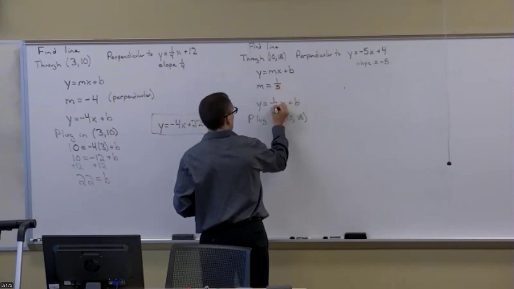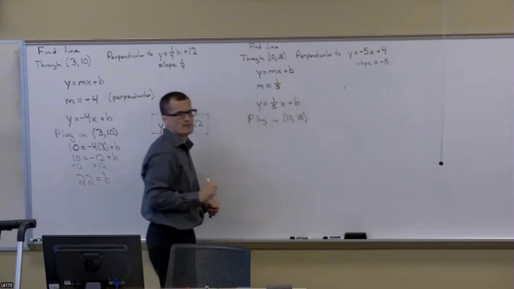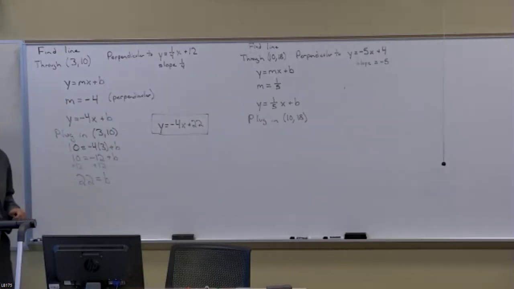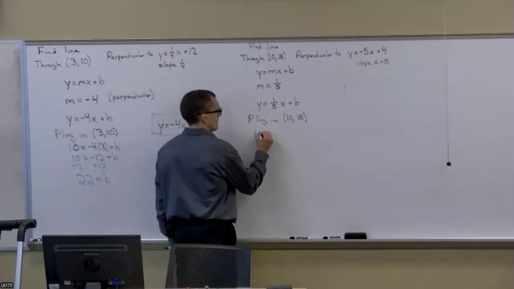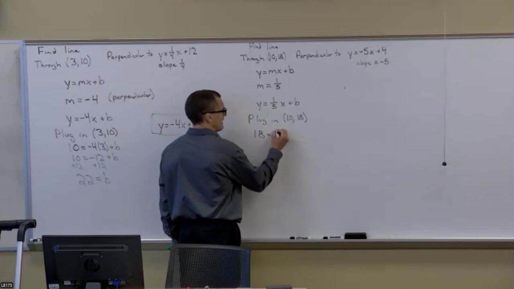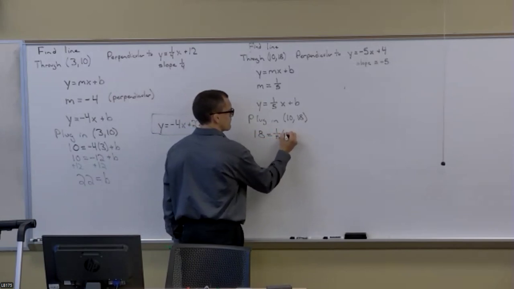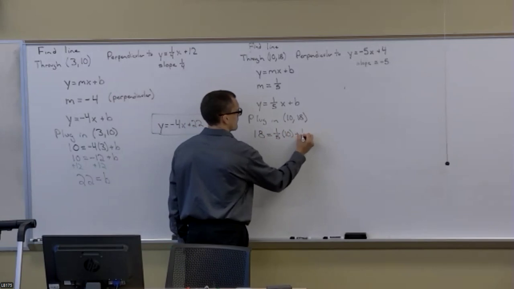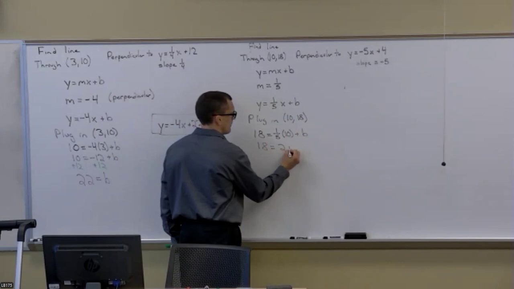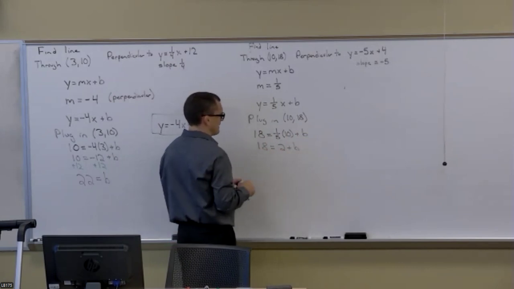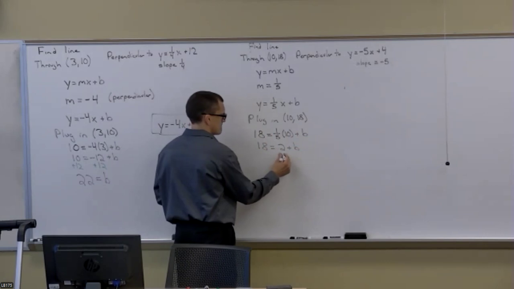It's nice in this case that I'm given a point whose x value is a multiple of 5. That's not always going to be the case, but when I plug in (10, 18), I end up with 18 is equal to 2 plus b. So that means b has to be 16.